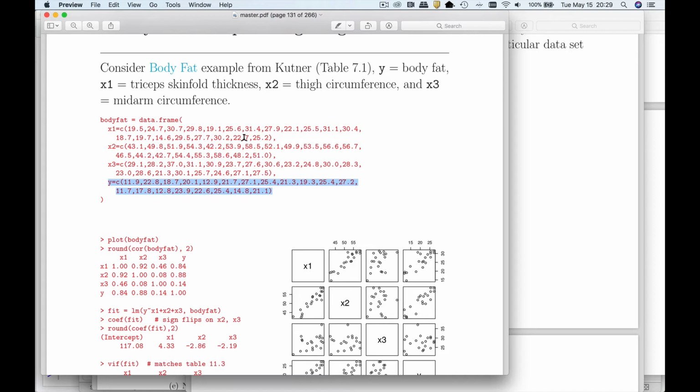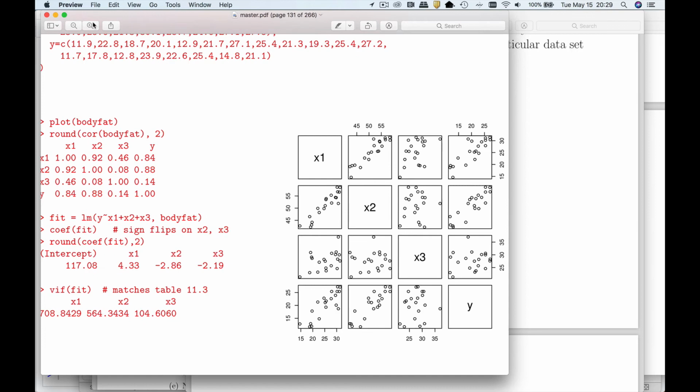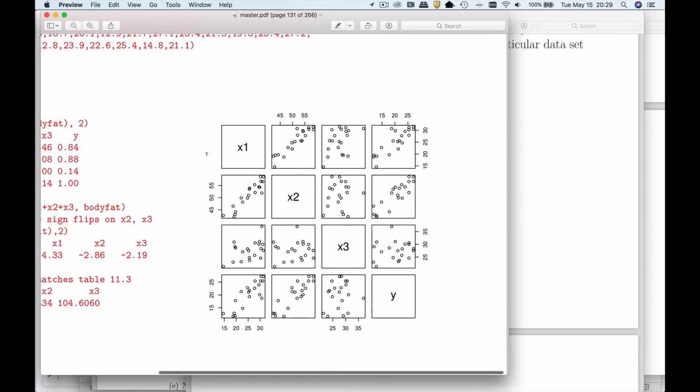My goal is to relate these three proxy measures to the dependent variable, which is body fat. So if I go into the doctor's office, they could just measure my tricep skin fold thickness, thigh circumference, and mid-arm circumference, pop it into the regression model, and if the regression model is accurate, they could know my body fat.